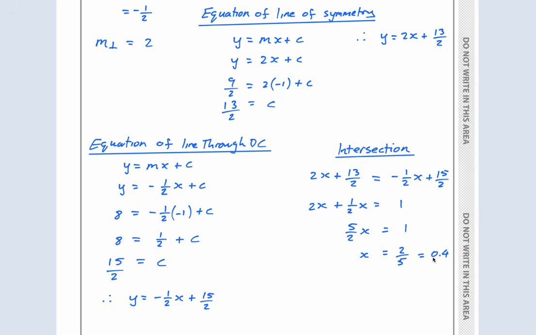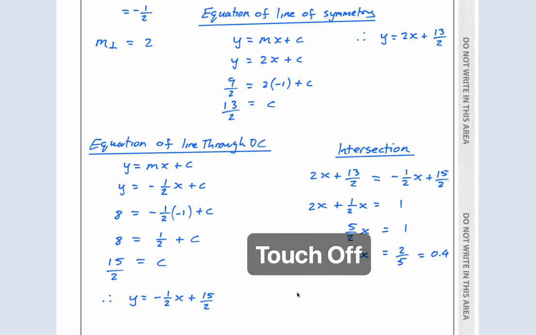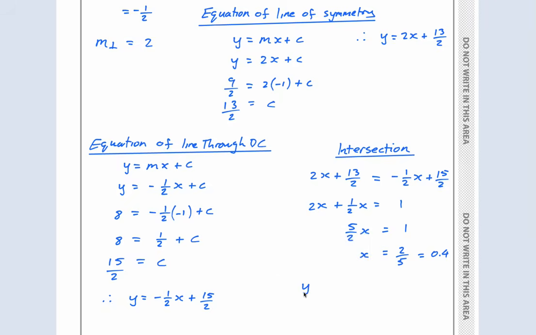And then once I have this, I can sub it into either of the two equations to get y. y is equal to... one second, guys, I have a pen issue. y is equal to 2 times x, so 2 times 0.4, plus 13 over 2.